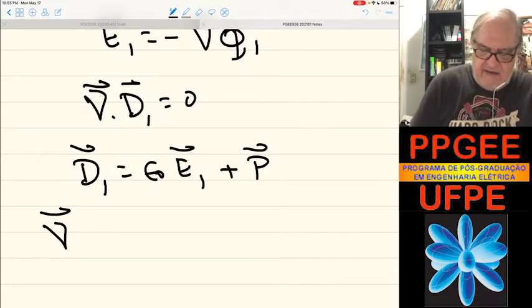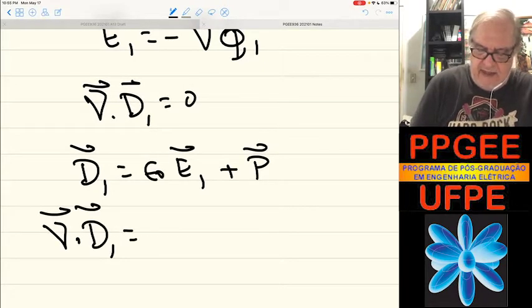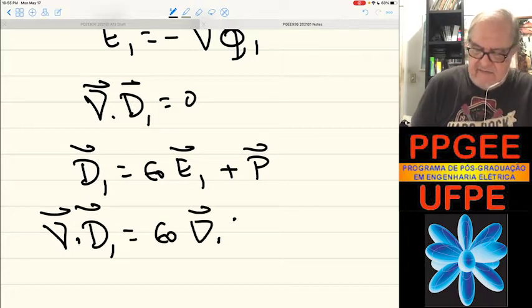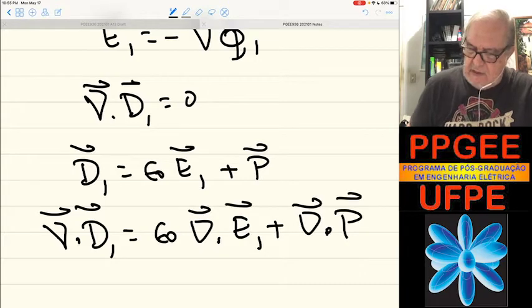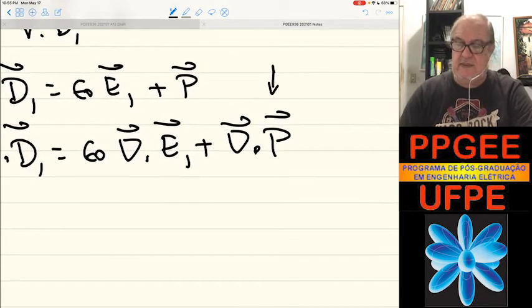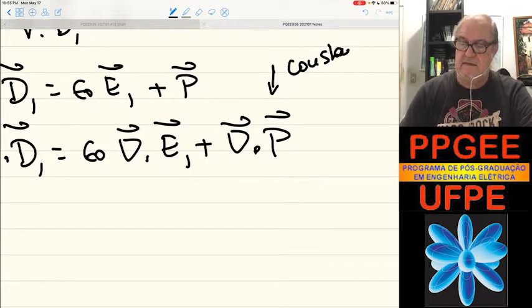If you calculate the divergence, it's going to be epsilon 0 divergence of E1 plus divergence of P. But notice that P is constant and divergence of P equals 0.